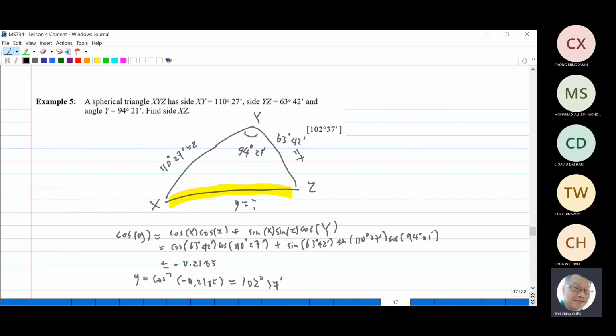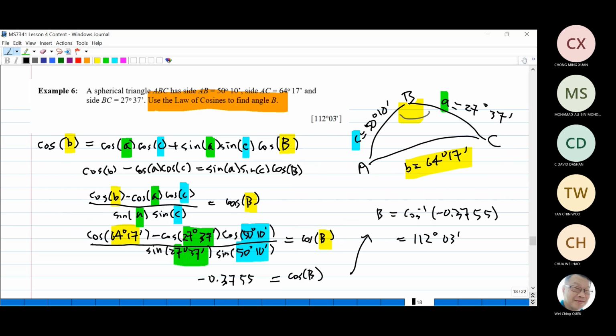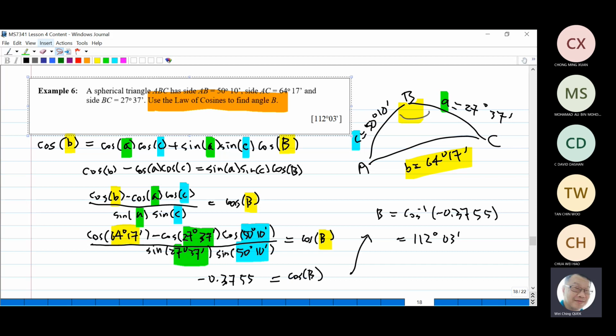Here's example 6. Finding angle now, right? Just now I was finding a side, so this time I find an angle.